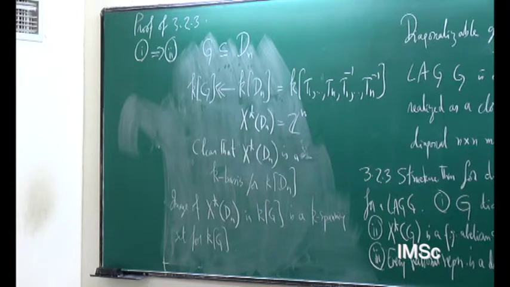All I am saying is you have a basis here, look at its image under an onto map, that is a K-spanning set.